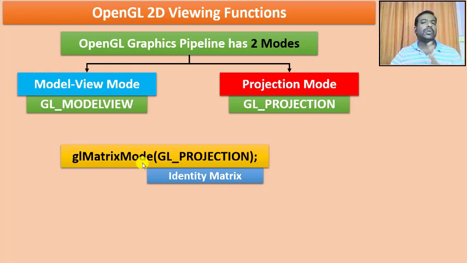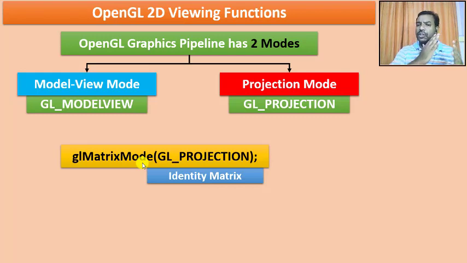Everything is going to be in the form of matrix operation itself. Hence, whatever new projection you're going to set, you need to make sure you have been loaded with the identity matrix at this point of time.